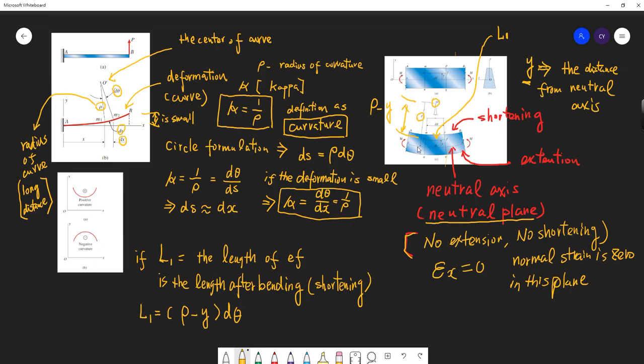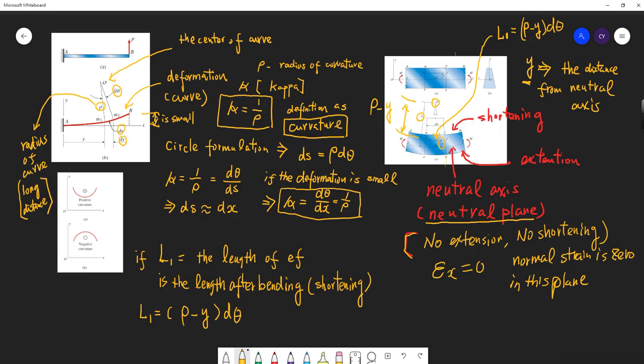So rho minus y is the distance here. The distance here multiplied by d theta is equal to L1, the length of EF. So L1 is equal to rho minus y multiplied by d theta.